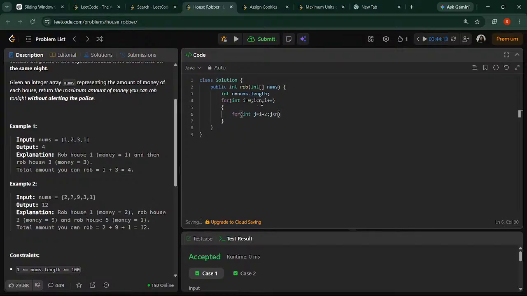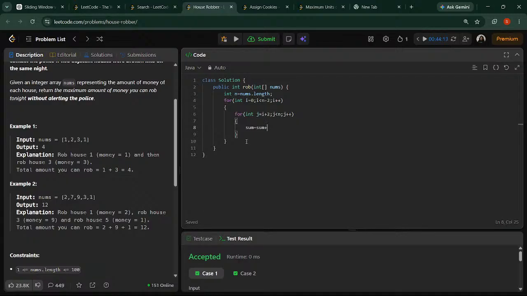I think I should be going to n minus 2 because I'm checking i plus 2, and j plus plus. Sum equal to sum plus... I don't know if I'm doing this in the right way or not.